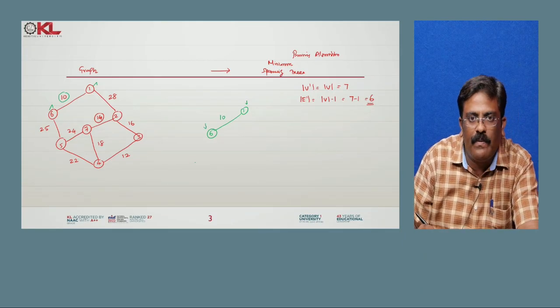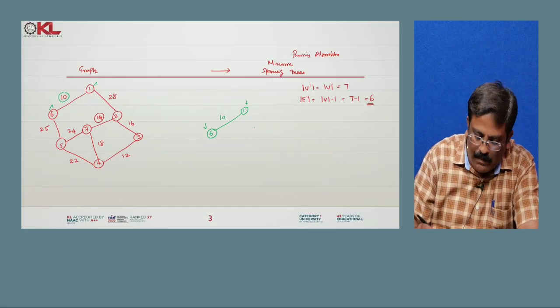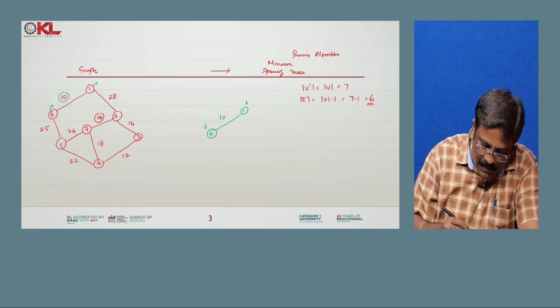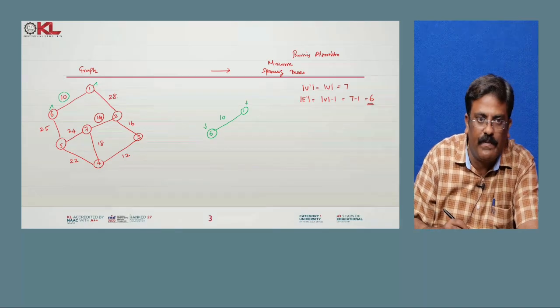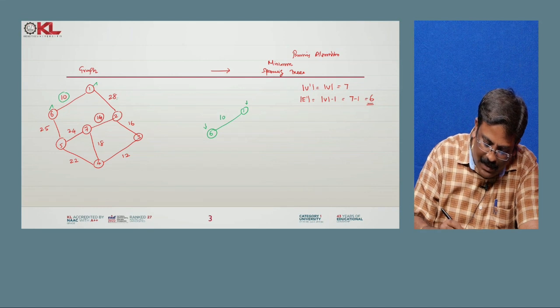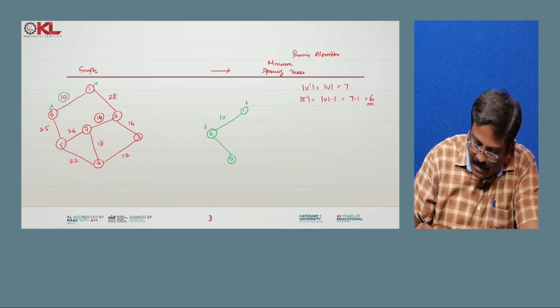From 1 we can go to 2, but the weight is 28. From 6 I can go to 5, which has 25. Comparing 28 and 25, 25 is the minimum, so I can go from 6 to 5, that is 25.